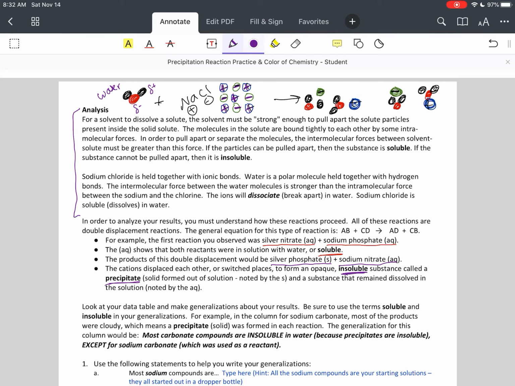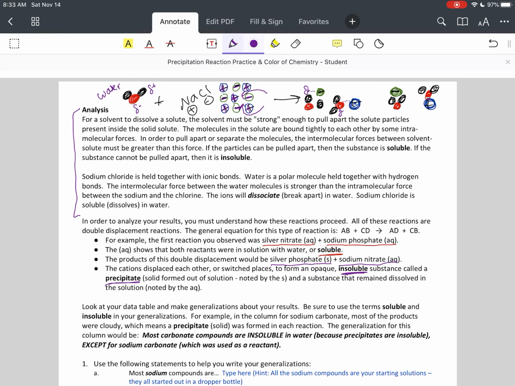So what happens is when this is mixed with water, the water molecules can wedge themselves in between these positive and negative ions. The partial positive ends of the water molecule where the hydrogens are attracted to the negative ions, and the partial negative ends of oxygen are attracted to the positive ions.